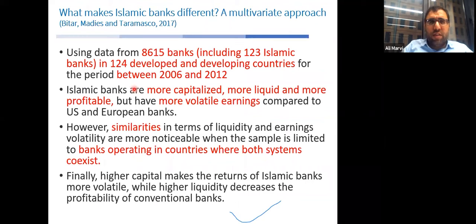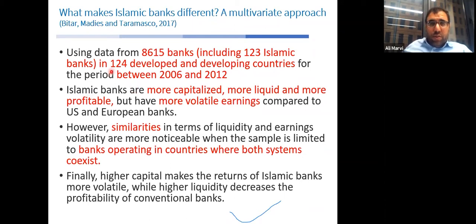Bitar, Madias, and Taramaso published a paper in 2017 called "What Makes Islamic Banks Different," and they use a multivariate approach.